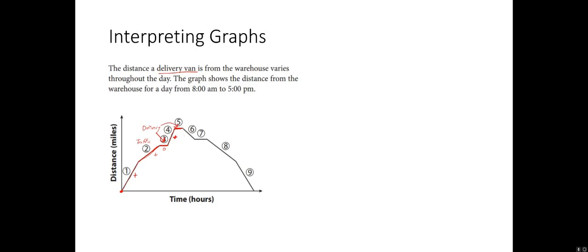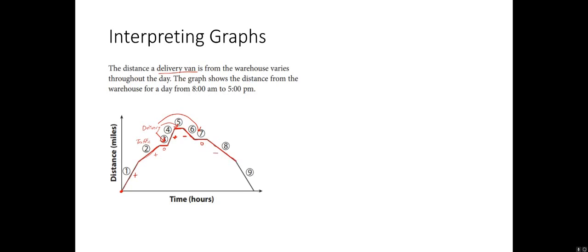And as you can see, now their distance is decreasing. They're still moving, but they're getting closer to the warehouse. And then it looks like another delivery for segment 7. They're not going anywhere. Slope is 0. And then as you can see, they're slowly coming back.